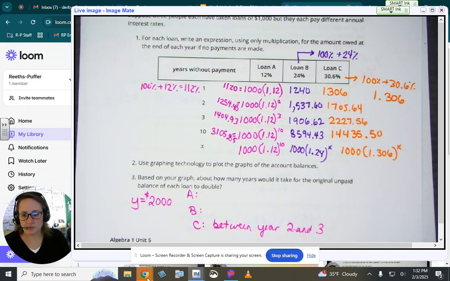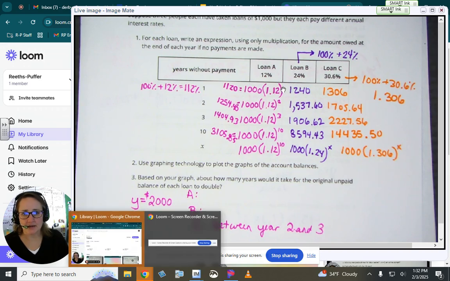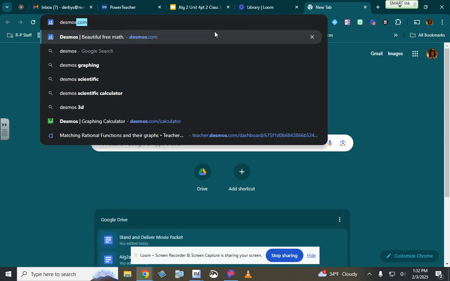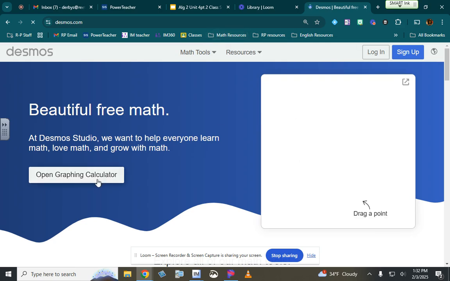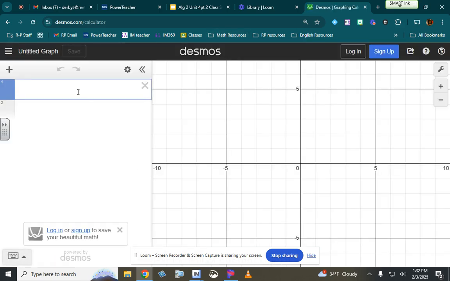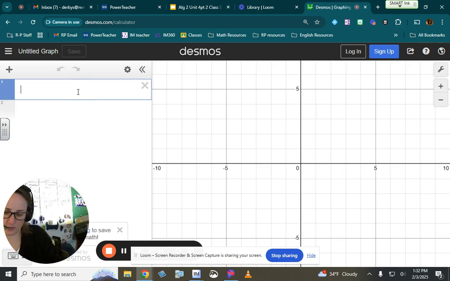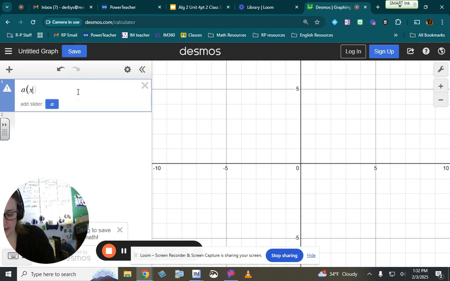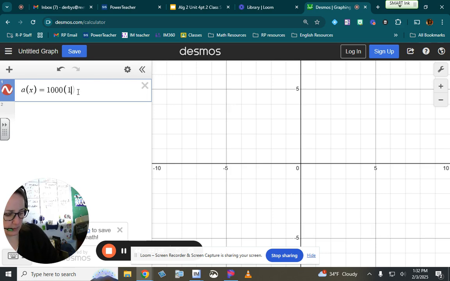So I'm going to go to, I think I can go to this screen. Oh, there we go, maybe. I'm going to open up a Desmos. And I can type in my equation over here. So this is loan A. A of X. I don't really want to add a slider. There we go. 1,000, 1.12.